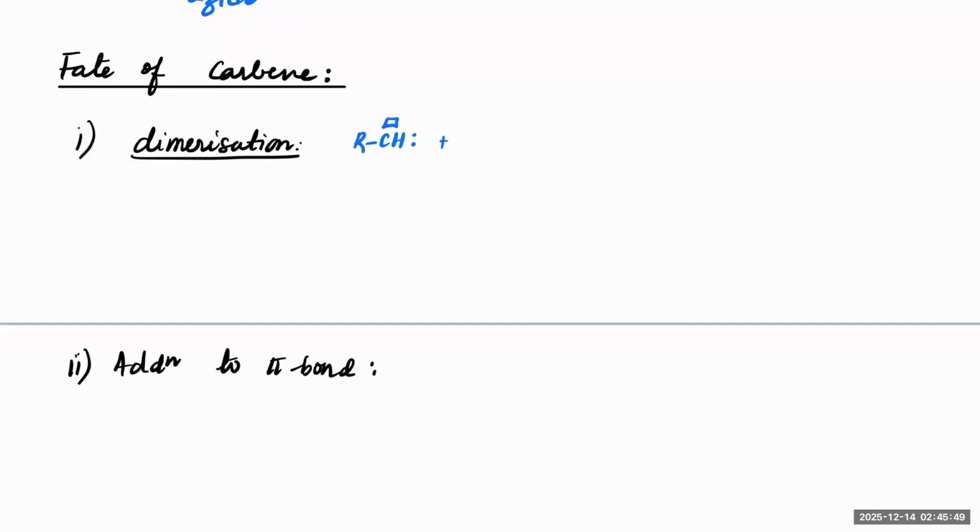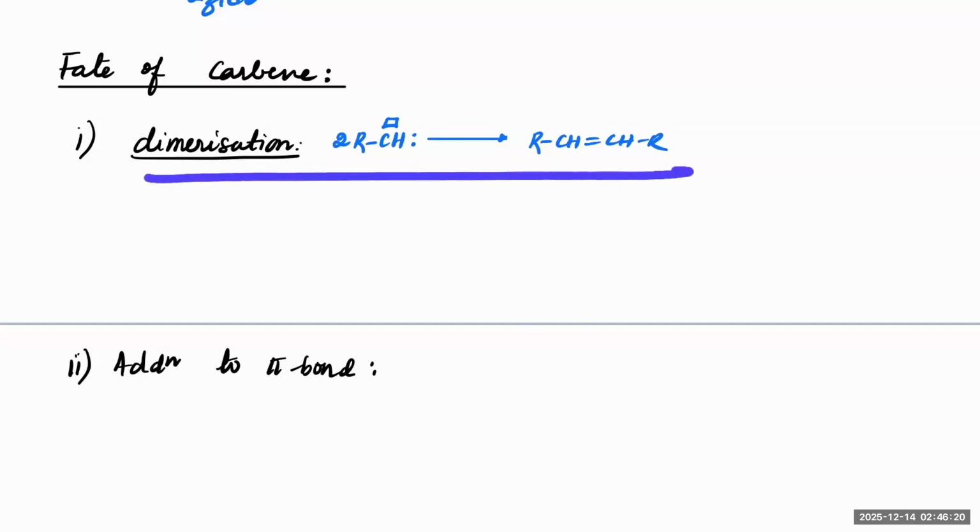If we take 2 moles of it, they will try to dimerize with each other. So that means you will get R, CH, double bond, CHR, this way. This is the case of dimerization.